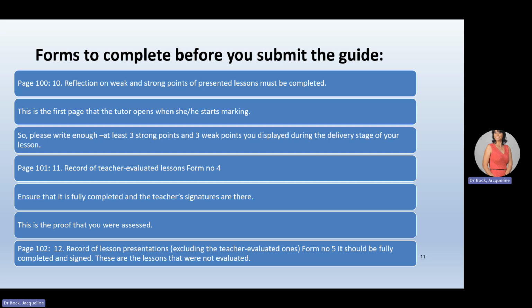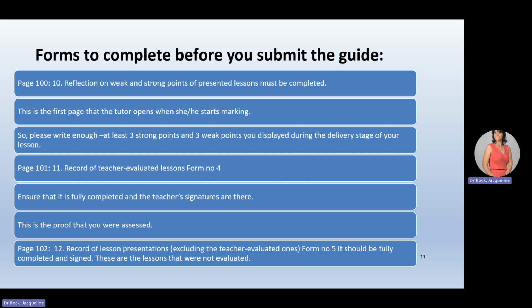And this is the first page that the tutor opens when he or she starts marking. We would want to see what the student's experience was after the student has presented. What was the experience of the student while presenting the lesson?